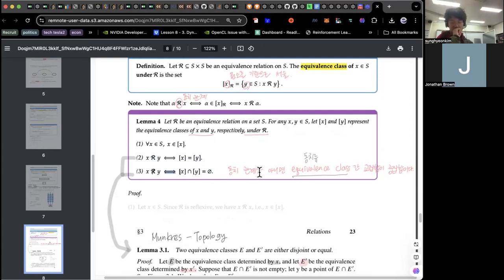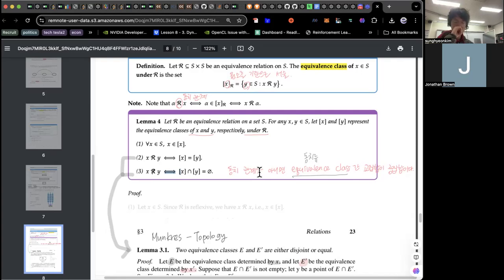Okay, so let's pick an element S. If S is in the equivalence class of X, and X is equivalent to Y, like it has the equivalence relation to Y, then by the transitive property, which is kind of being given here, S would be in Y's class.